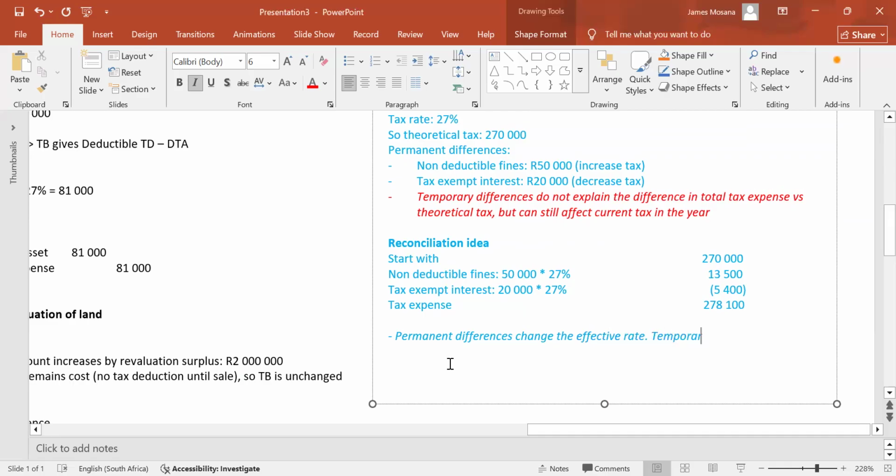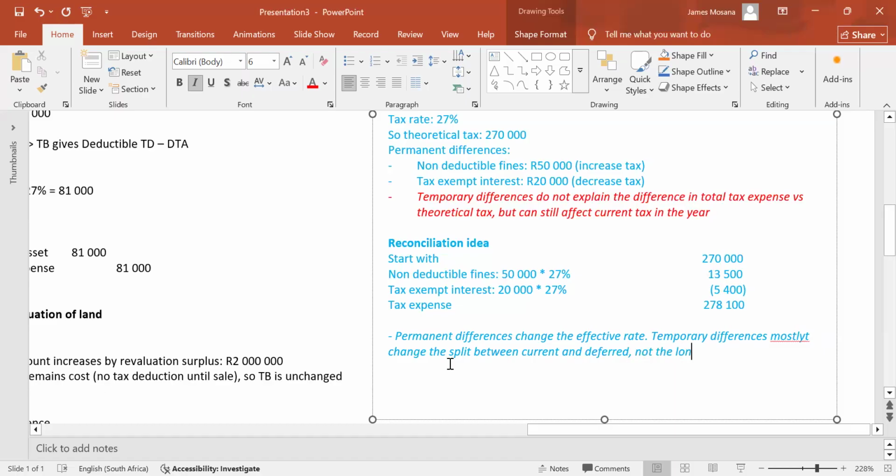Temporary differences mostly change the split between current and deferred, not the long run rate, but it's fine like this.